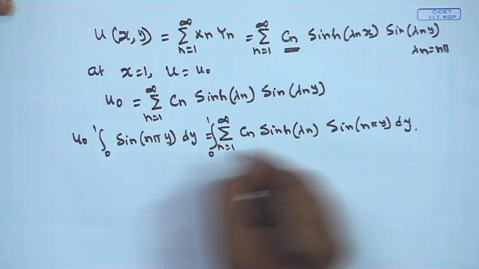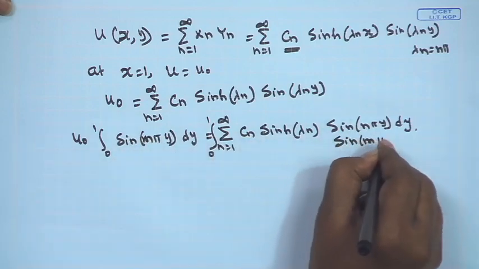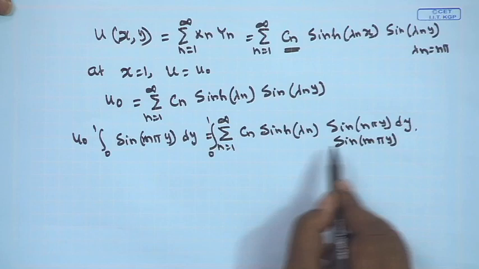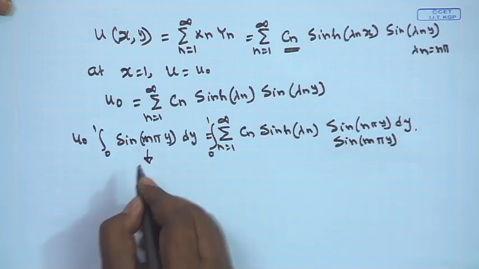So, we multiply both sides by sin m pi y, and all the terms will vanish except m is equal to n, and then we change the running coefficient m into n.